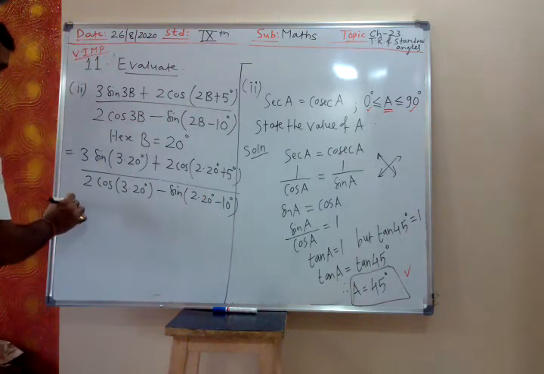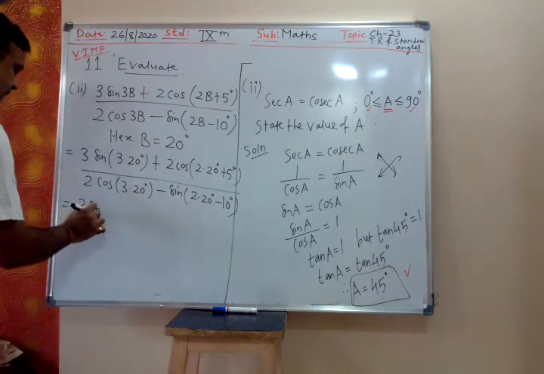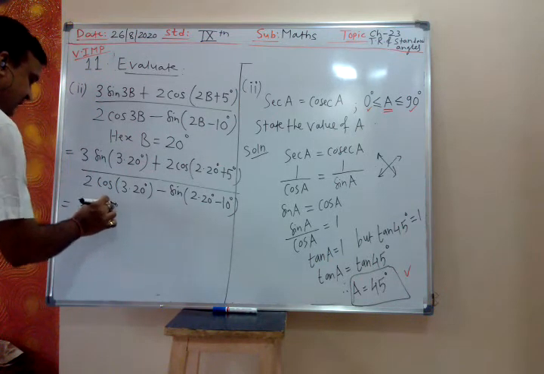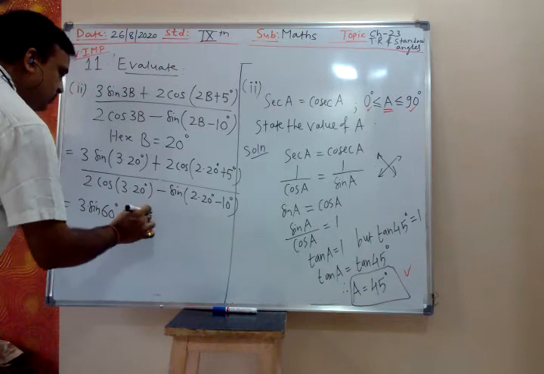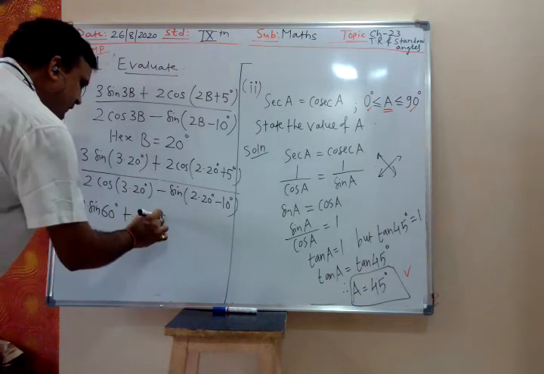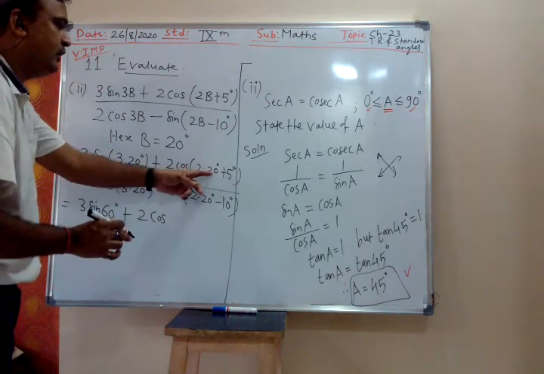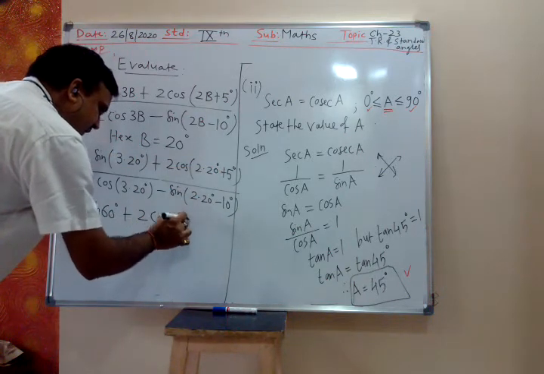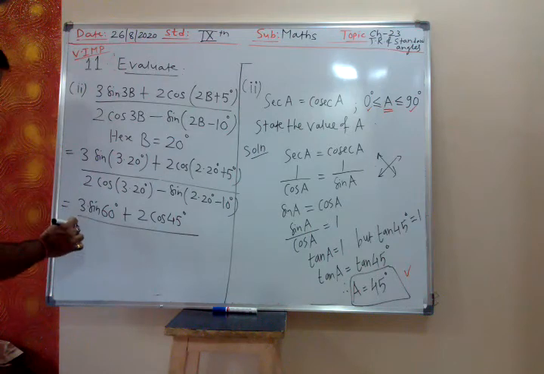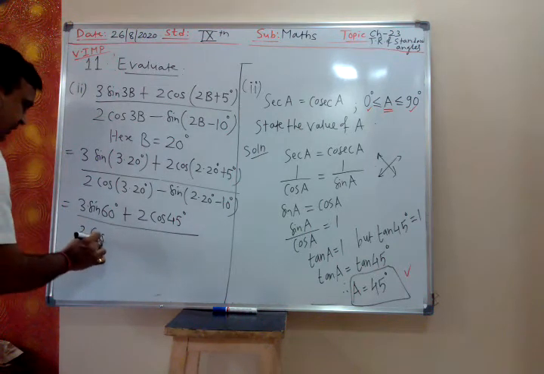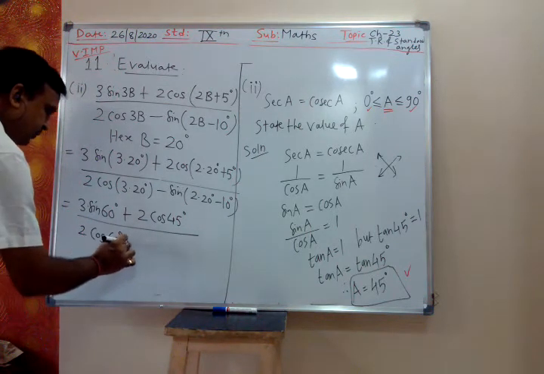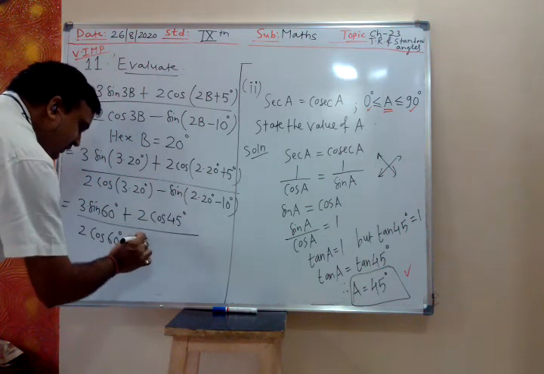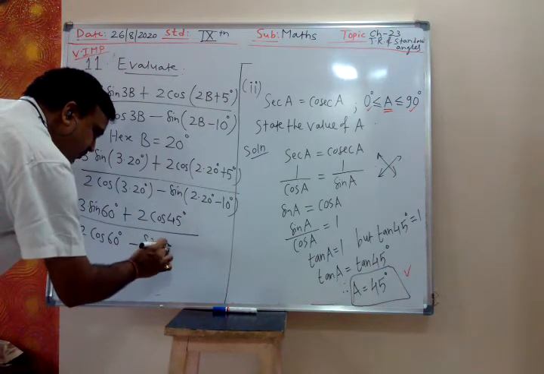So that is 3 into sin of 3 into 20, which is 60 degree, sin 60 degree, plus 2 into cos of 2 into 20 is 40, 40 plus 5, 45 degree, cos 45 degree, upon 2 into cos 60 degree minus sin of 2 into 20 is 40, 40 minus 10 is 30, sin 30 degree.